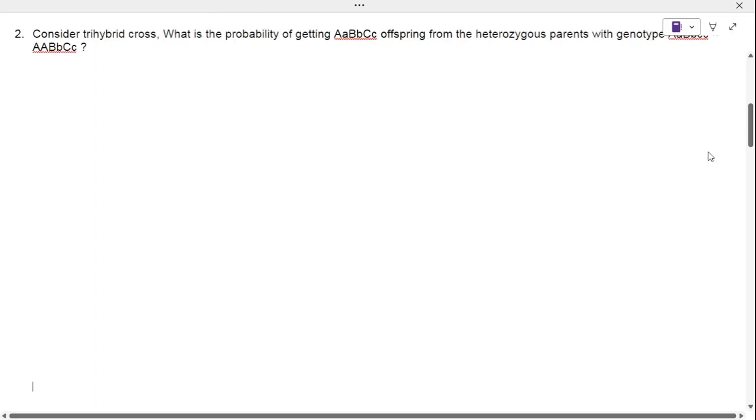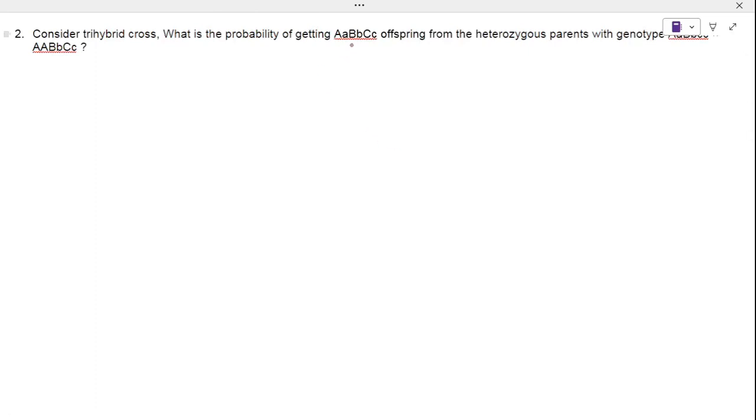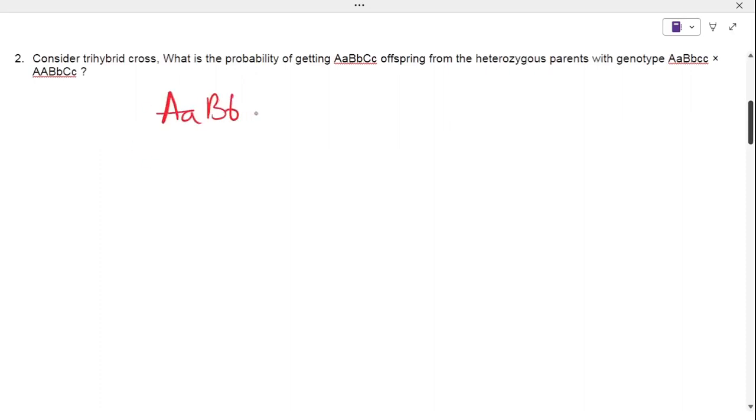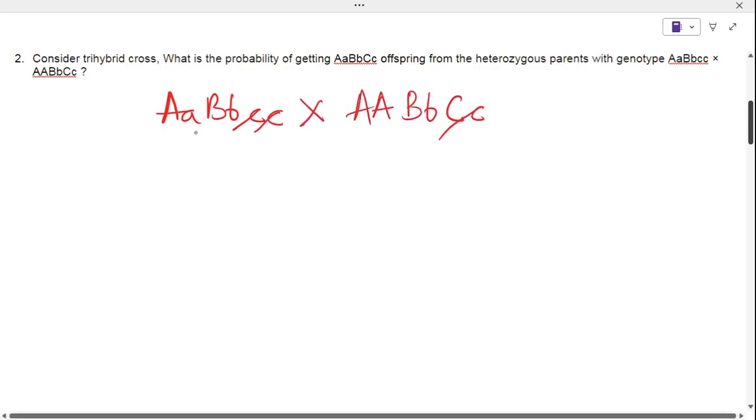What is the probability of getting capital A small a, capital B small b, capital C small c offspring from heterozygous parents with genotype capital A small a, capital B small b, small c, crossed with capital A, capital B small b, capital C small c? These are the parental cross, and the probability of getting these offspring in the F1 generation is asked here.